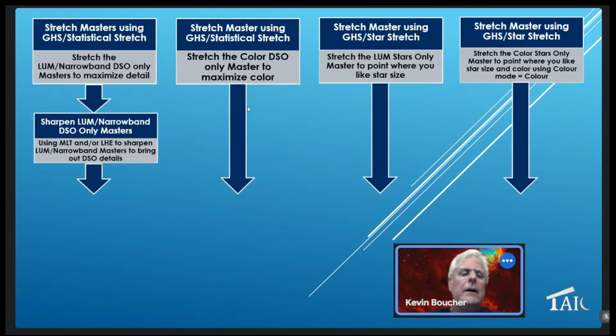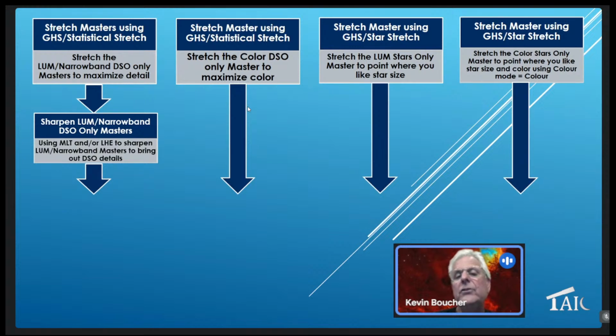From here, I'm now doing my sharpening on the luminance and narrowband DSO only masters. You can see I don't do any sharpening whatsoever on any of the other stuff. No need for it. I definitely don't want to sharpen my stars at all.